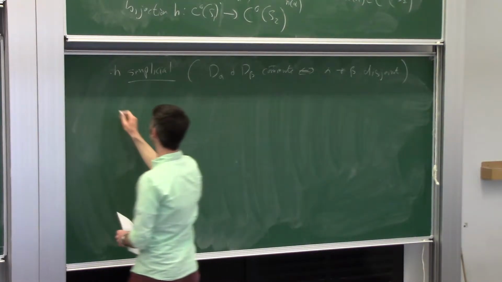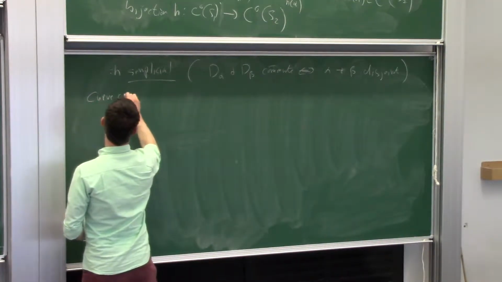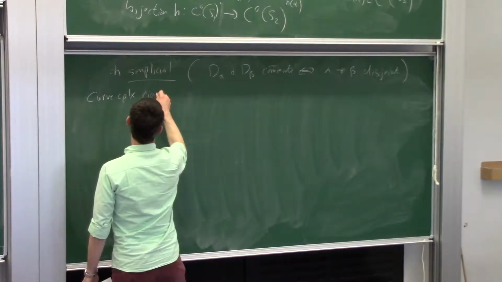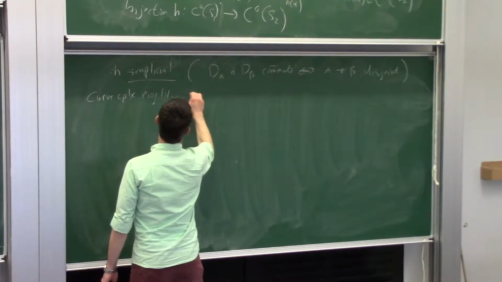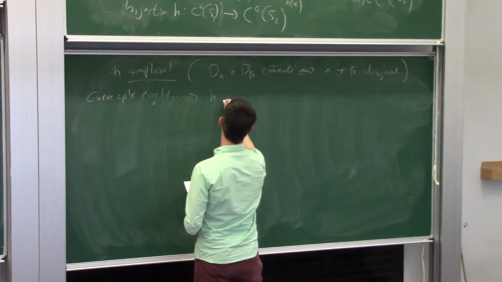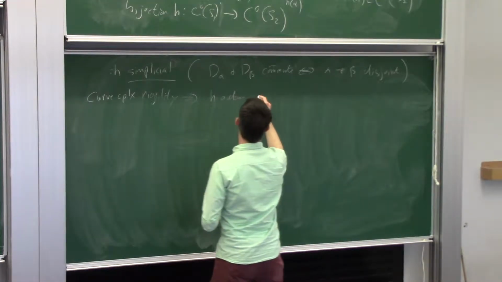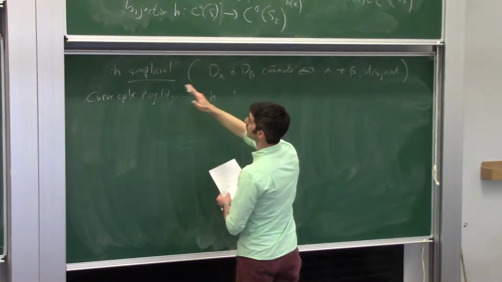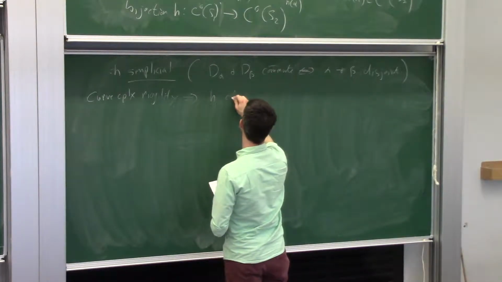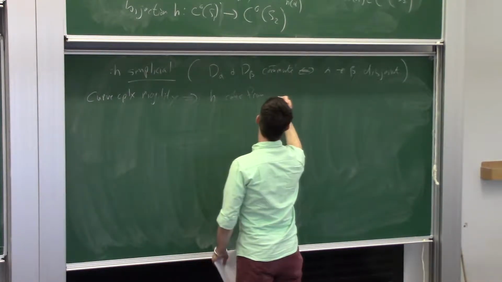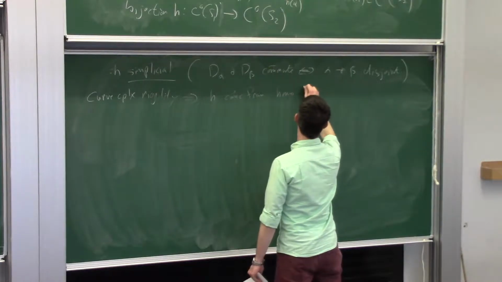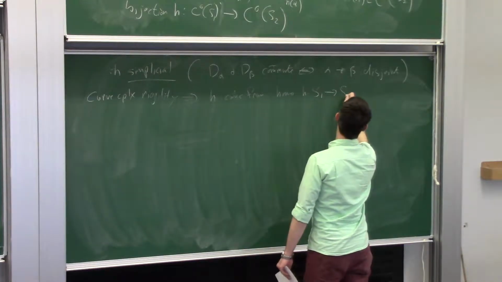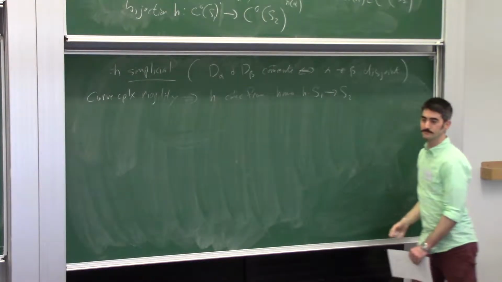So the curve complex rigidity implies that H is an automorphism. Or sorry, so H is simplicial, so H comes from a homeomorphism.